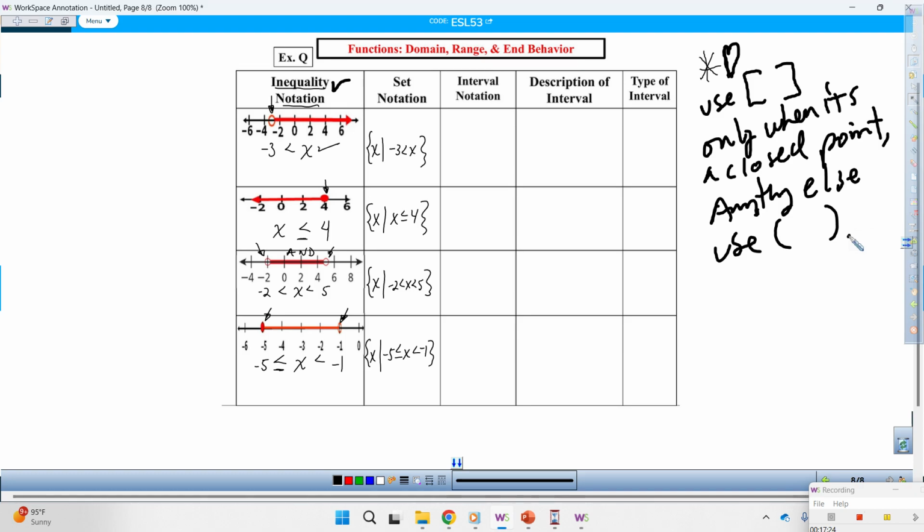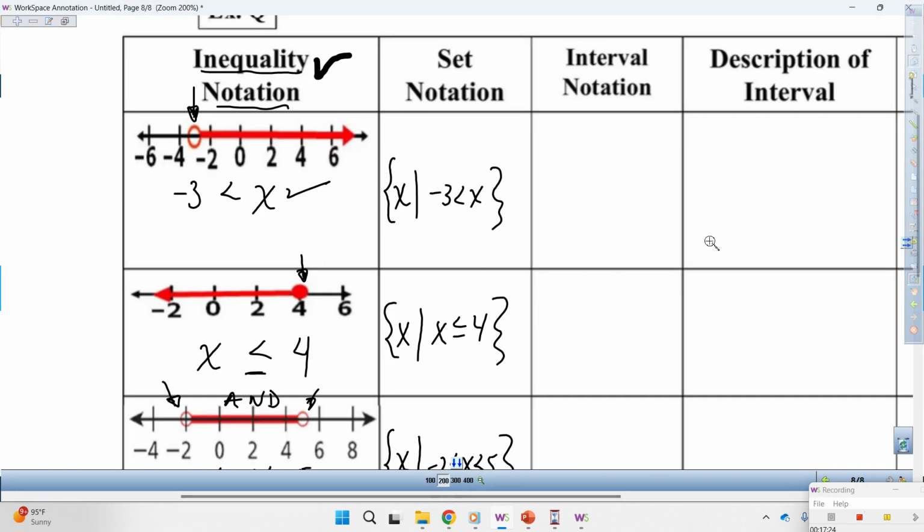All right? So here we go. We're going to use brackets when it's a closed point, and anything else, doesn't matter what it is, we use parentheses. So let me zoom in. We're going to do the first one for interval notation. So for interval notation, always start with your dividing point.